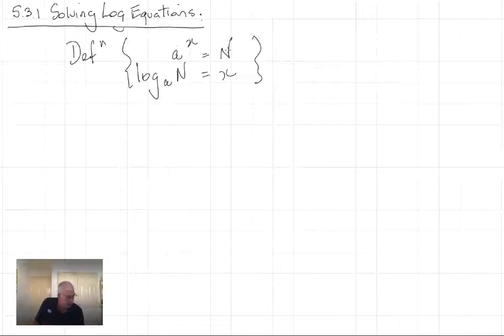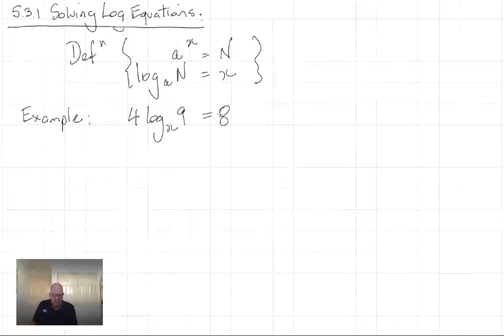So let's have a look at a couple of examples. If we've got 4 log to base x of 9 equals 8, we can firstly divide both sides by 4.